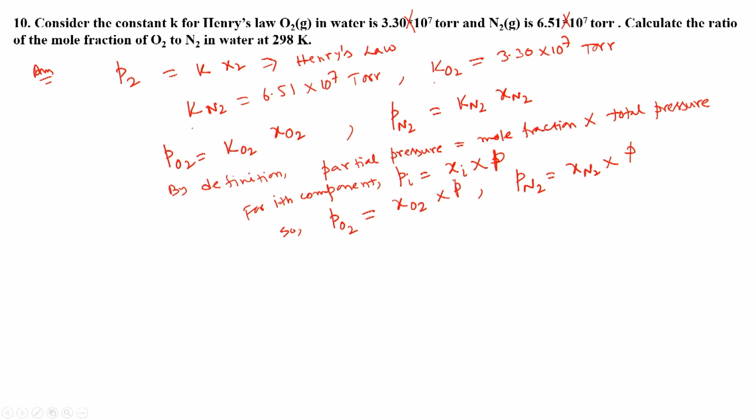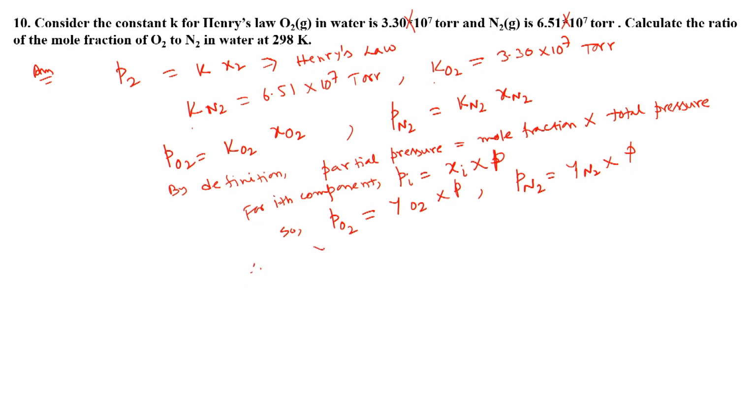So here we can consider Y instead of X, because X we already used. So YO2 is the mole fraction of O2 and YN2 is the mole fraction of N2, and P is the total pressure.